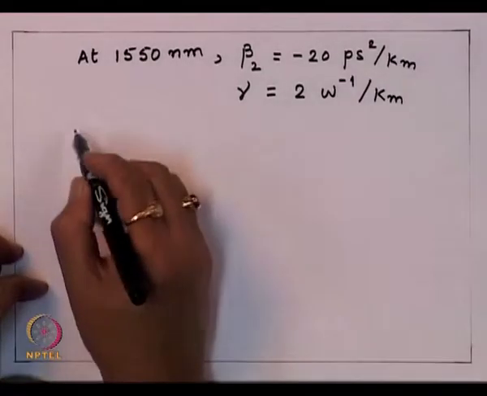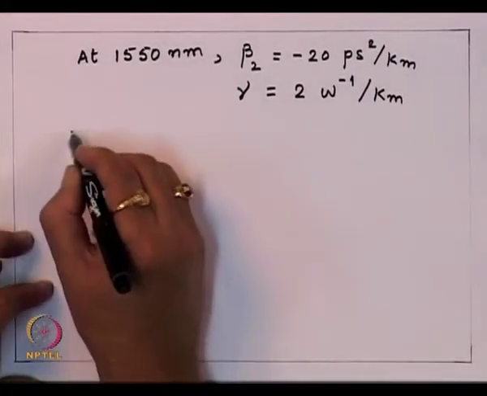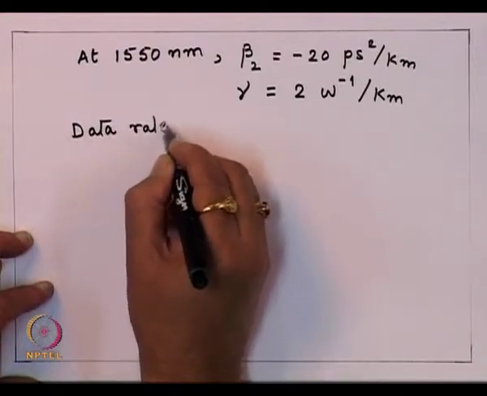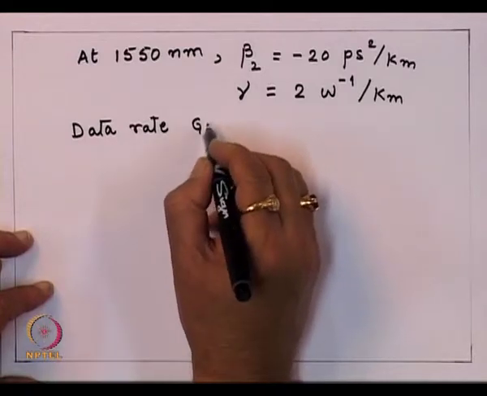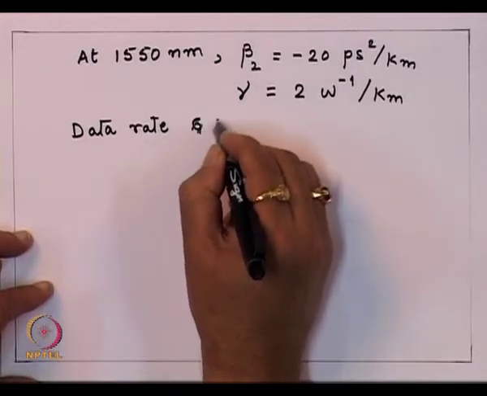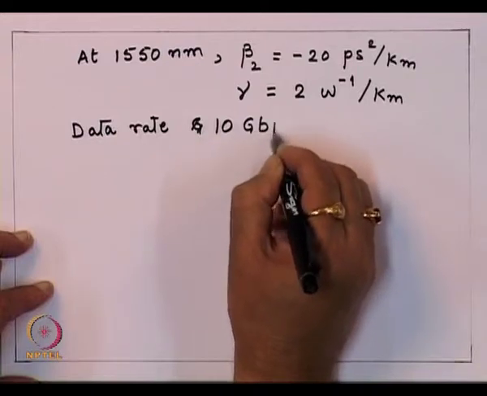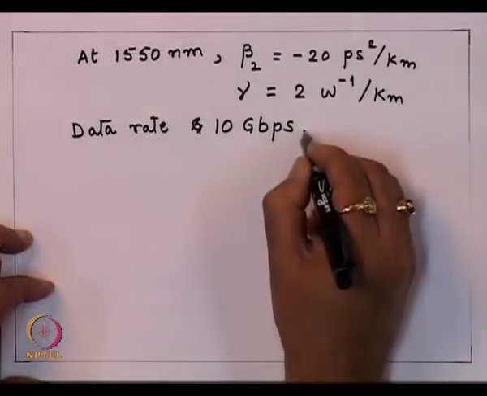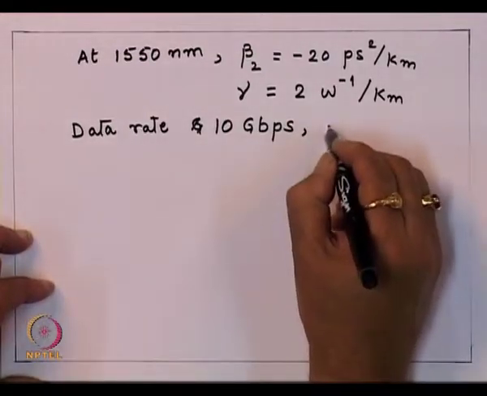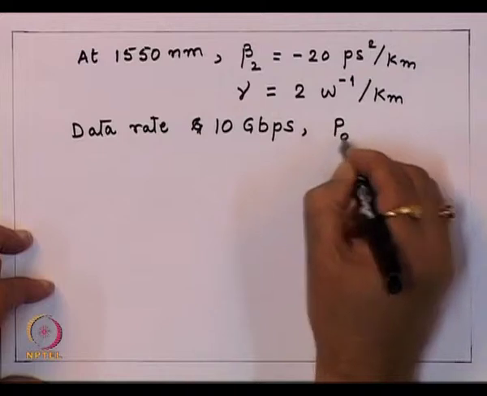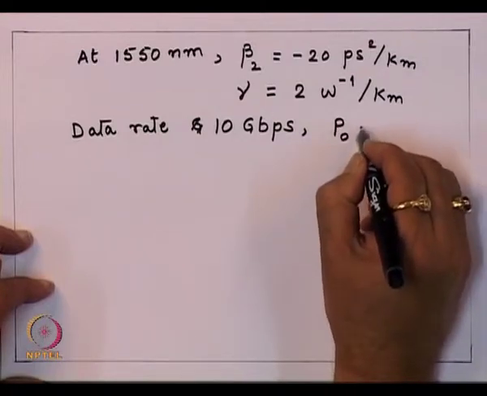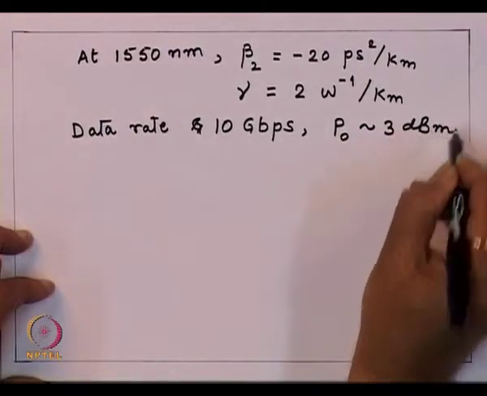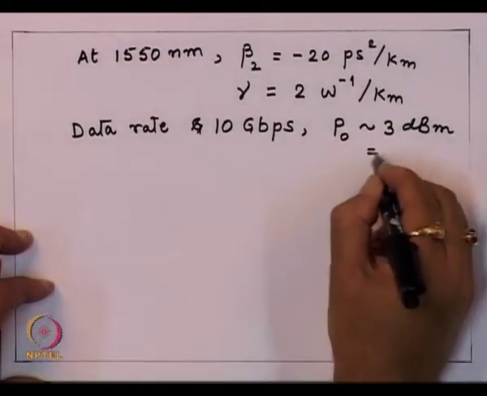If you consider a data rate of 10 Gbps, and consider the power which you are transmitting, P0, of the order of about 3 dBm, that is equal to 2 milliwatts.